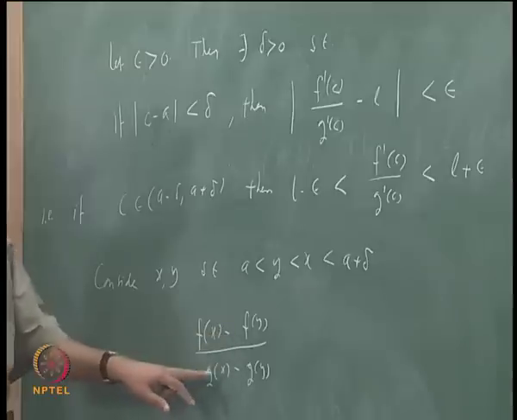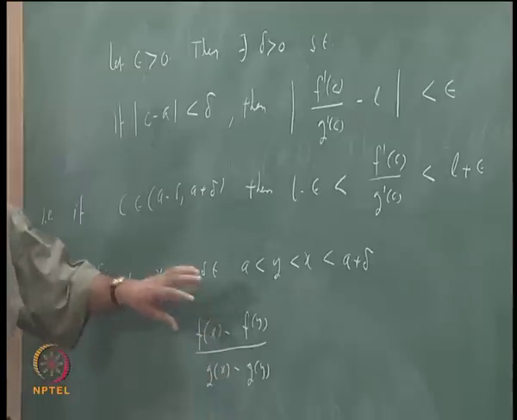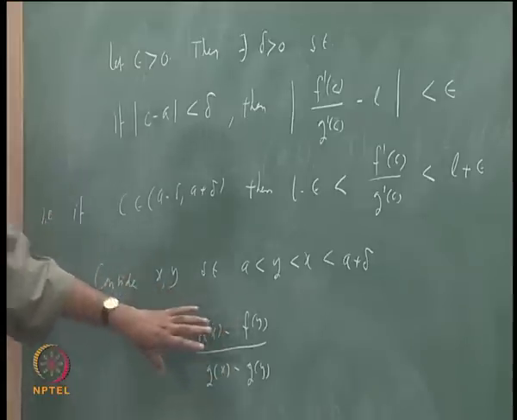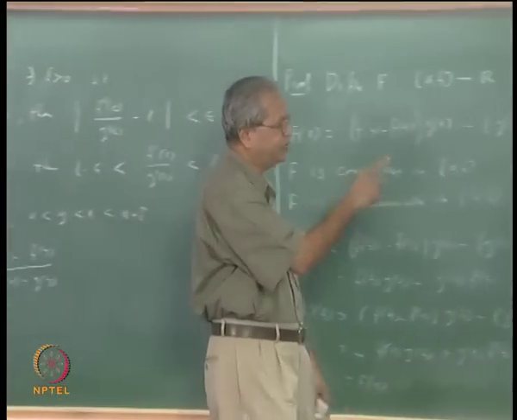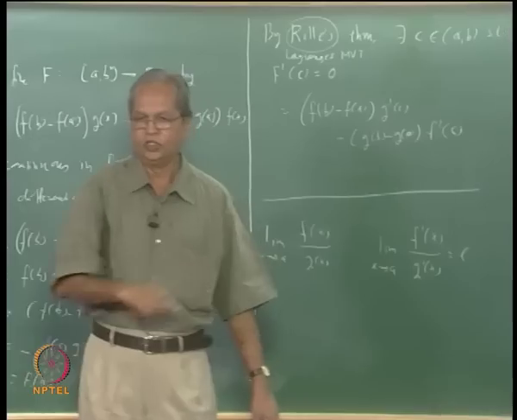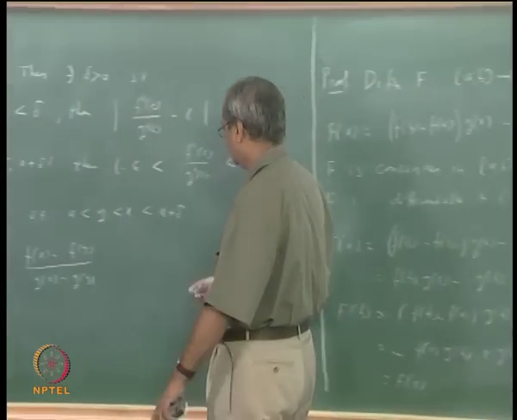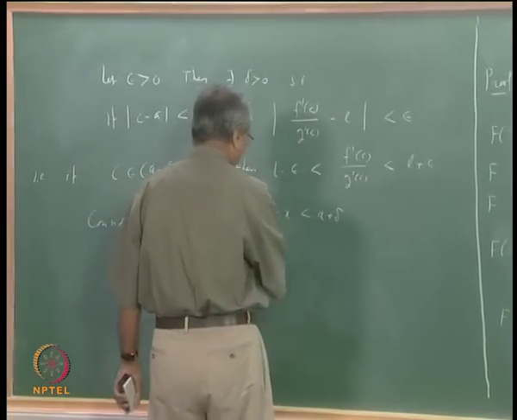Now we can say that fx minus fy divided by gx minus gy, since f and g are differentiable in the interval I containing a, so in particular those are differentiable even in this interval y to x.